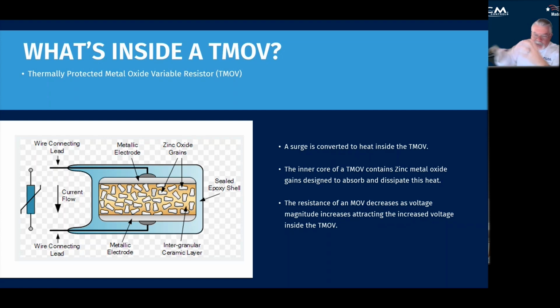It's continuously taking those hits. It can take multiple hits up to the specifications of the device, dissipating the excess voltage as heat. And then as those metal grains get burned up, it has less and less capacity to offer surge protection. So very clever little devices.